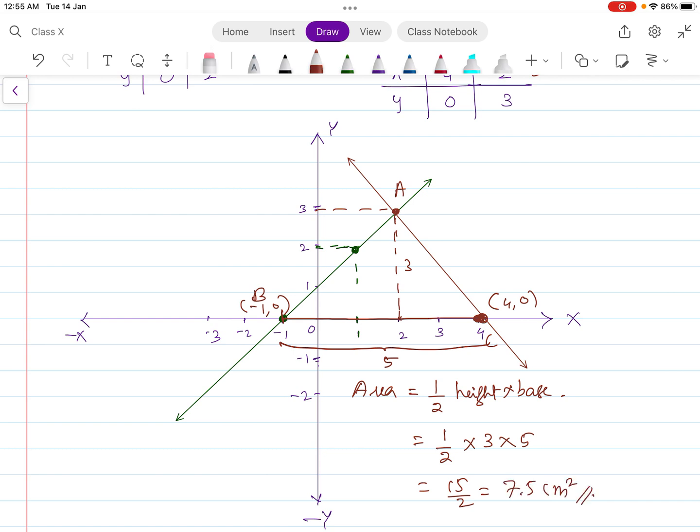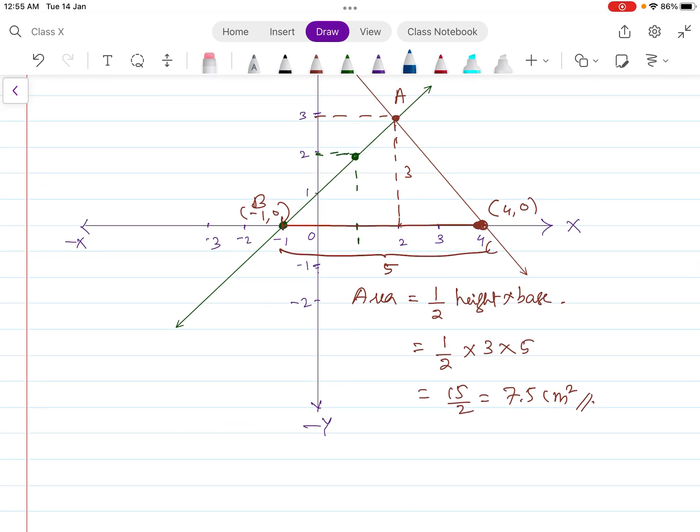So that is the value of the area of the triangle. When you complete this, you have to write in the answer, because they have asked the question: area of triangle is 7.5 centimeter square. That is what you had to write.